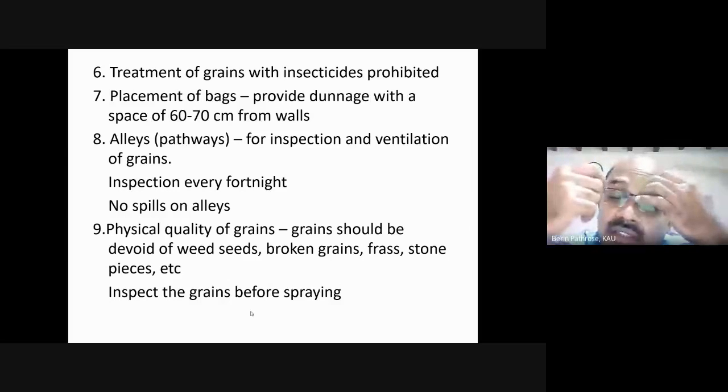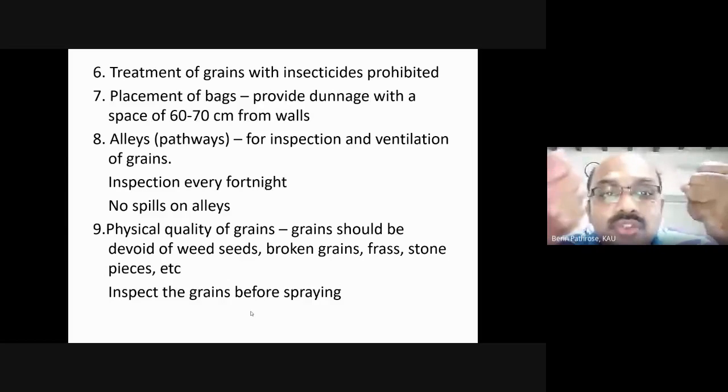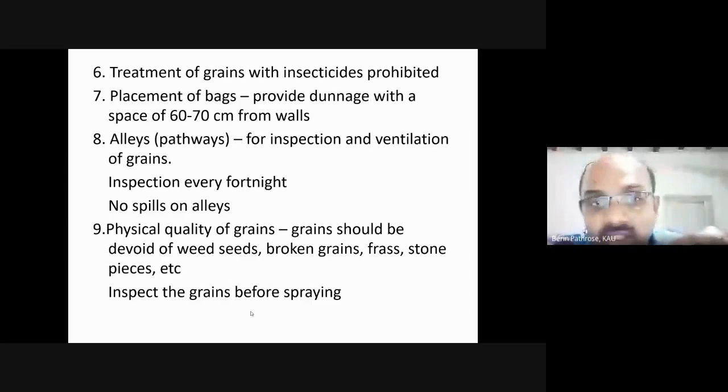Though everywhere we see notices saying use no hooks, loading and unloading workers usually use hooks for the bags. That creates holes in the bags and leads to spillage of grains. Another cause is rodents. Both create holes in the bags and lead to spillage of grains. Spilled grains should be removed, and bags which have any holes should be repaired immediately. That is one thing we have to keep in mind.